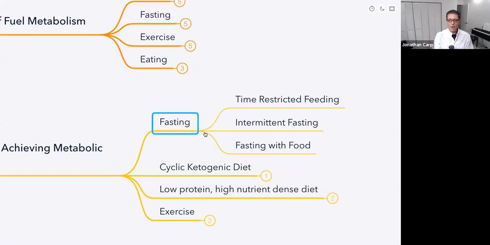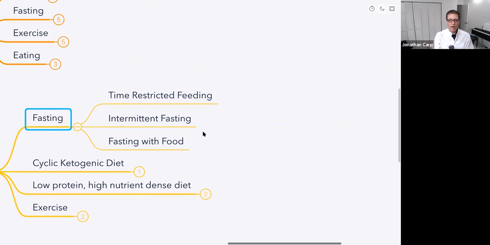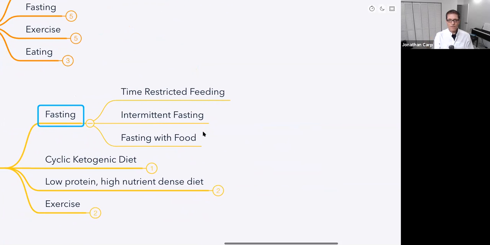So let's talk a little bit about fasting. There are several types of fasting. The first type we'll talk about is time-restricted feeding. Some people call this intermittent fasting. Generally speaking, in the medical literature, time-restricted feeding means narrowing the window of eating or extending the number of hours that you don't eat.